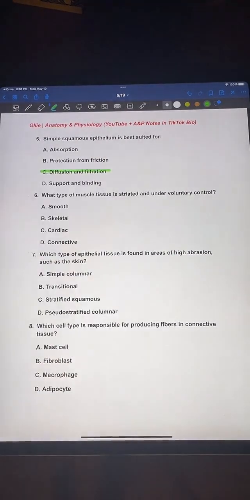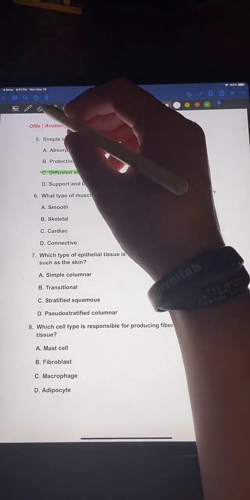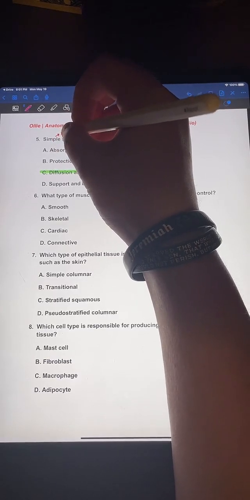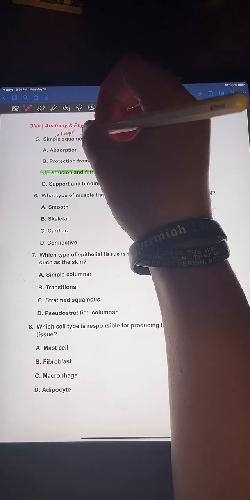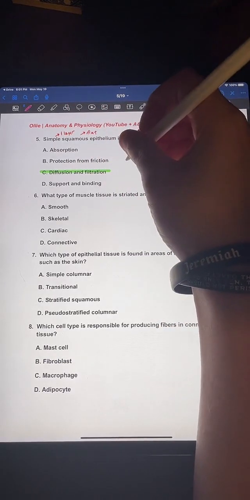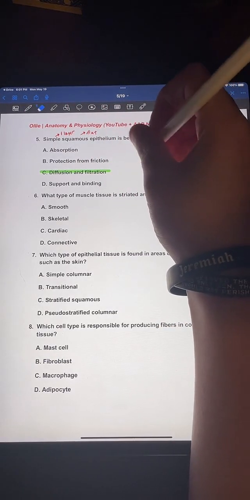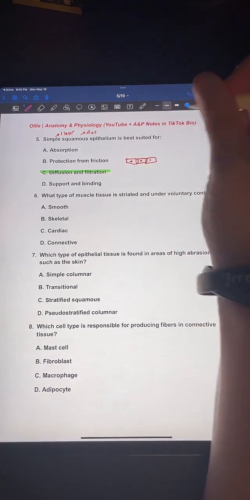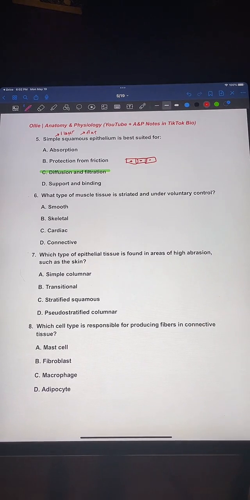But simple squamous epithelium is best suited for diffusion and filtration. If we think about it, simple means it has one layer. Squamous means flat. So one layer, we're talking more flat. So this being thin and flat is what's going to allow for easy exchange, so diffusion.